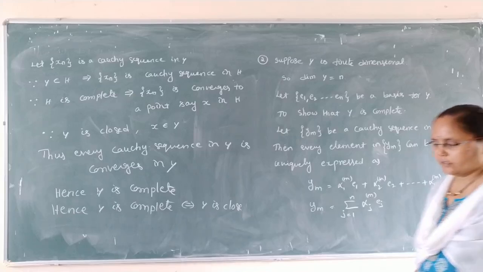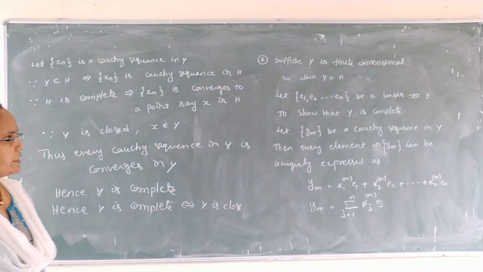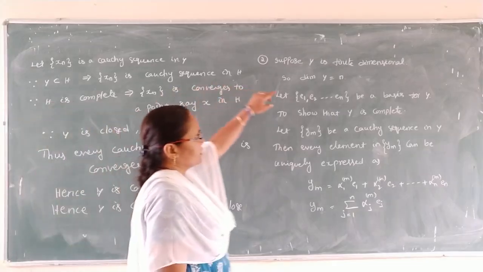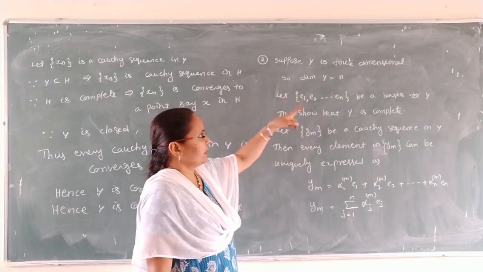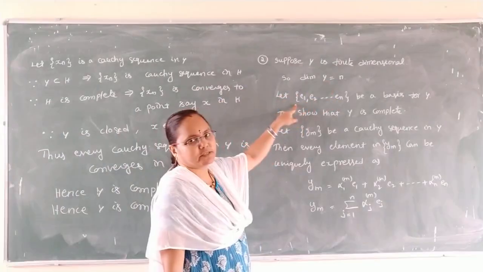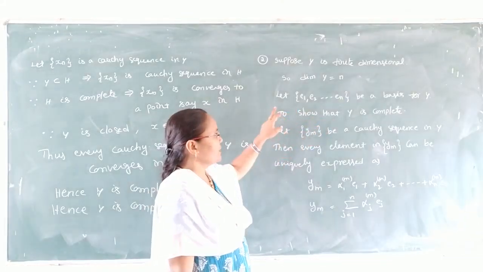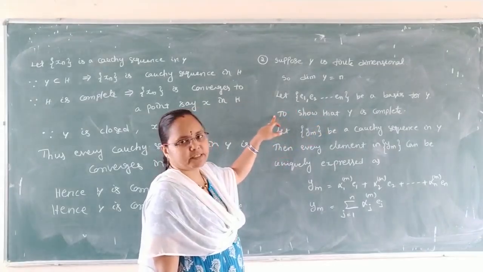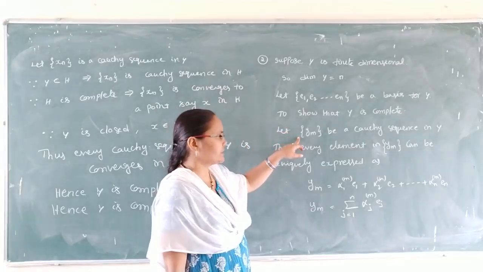Clear? How to write the elements? In the second one, it is based only on the finite dimensional. Finite means we are taking a certain value, that is n. Dimensional means a basis exists, so we are taking E1, E2, and so on, En as a basis. Later we write our aim. For this aim we want one Cauchy sequence, that's why we are taking a Cauchy sequence.